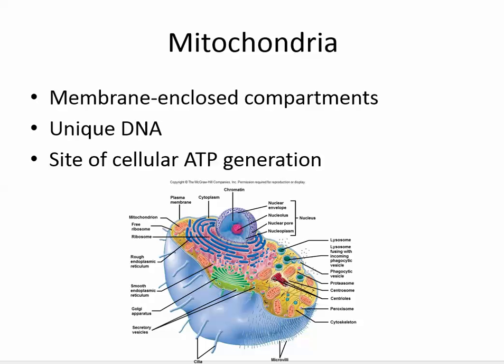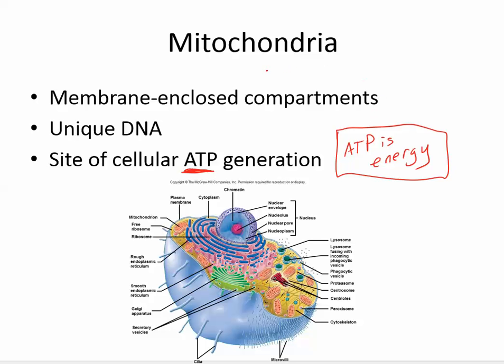Now let's start talking about some of the organelles. Speaking of ATP, ATP is energy. It's a molecule, and I'm not going to say too much about it here, but it's a molecule that has a lot of energy built up in its bonds. The body has figured out a way to use ATP as energy.